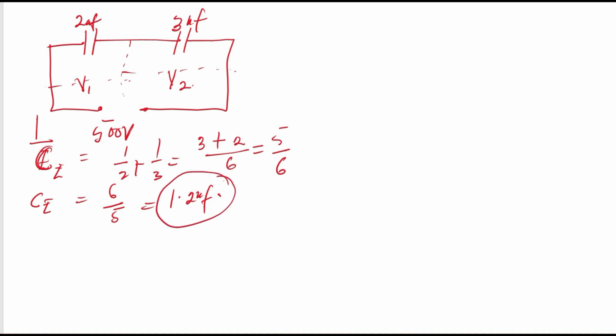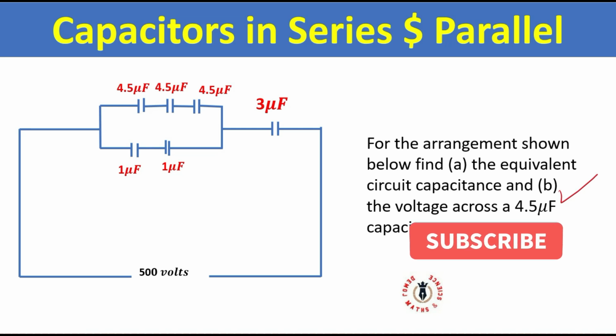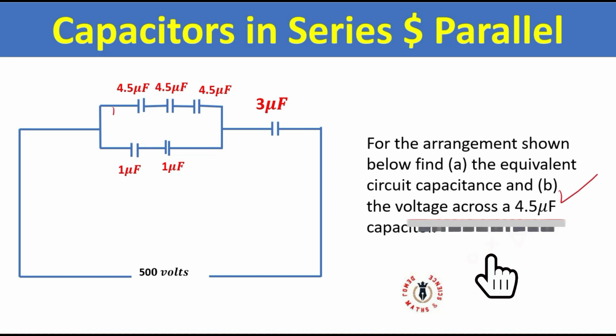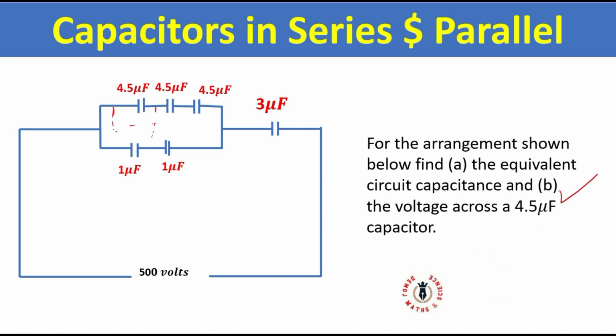Now, let's take the B part of the question, which says we should calculate the voltage across a 4.5 microfarad. That is, we should calculate the voltage across one of these capacitors.